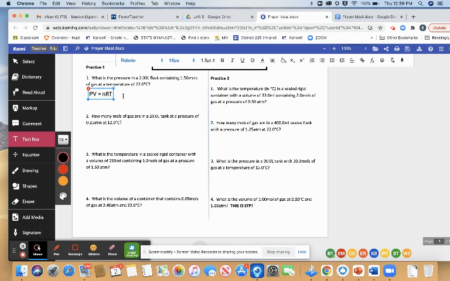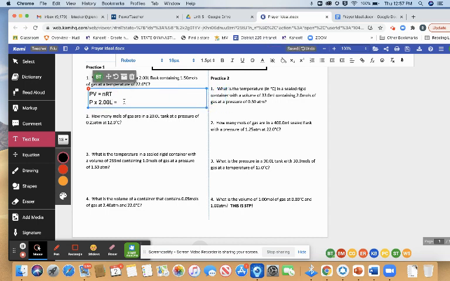PV equals nRT. Now this is a little bit goofy problem because it doesn't tell you what pressure unit it wants. So what I would usually do is look at the answer choices you're given for a multiple choice problem, and then just use that R value. So let's just say hypothetically that all these answer choices were in atm. So I'm going to do P times V, the volume is 2.00 liters.